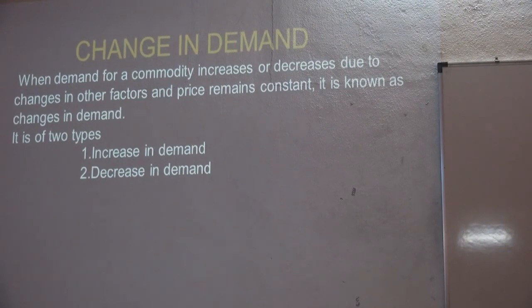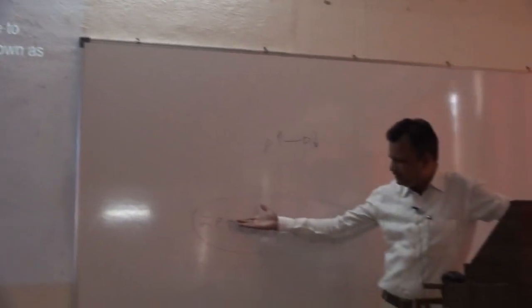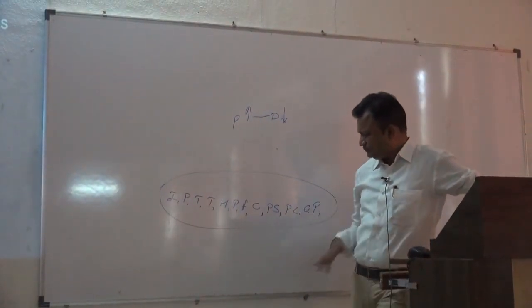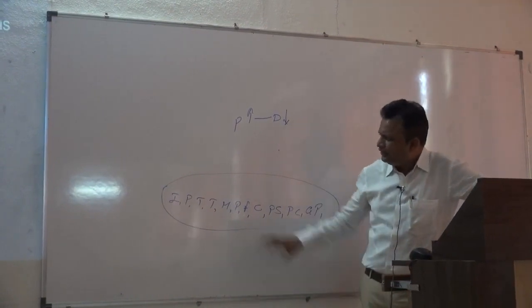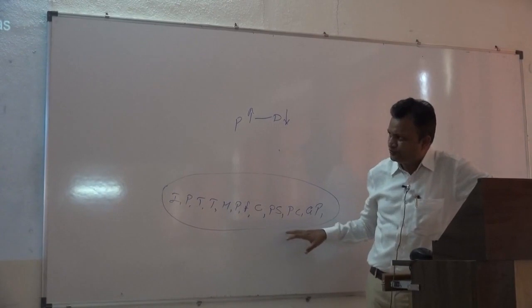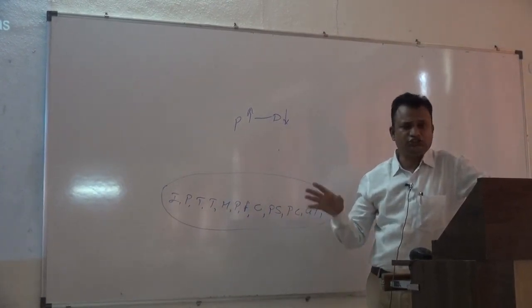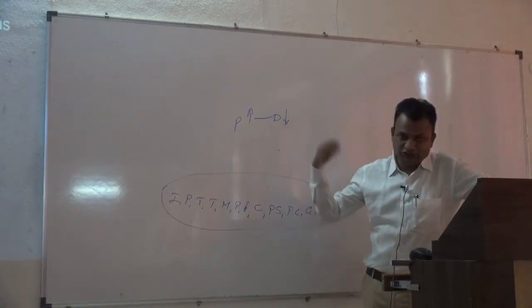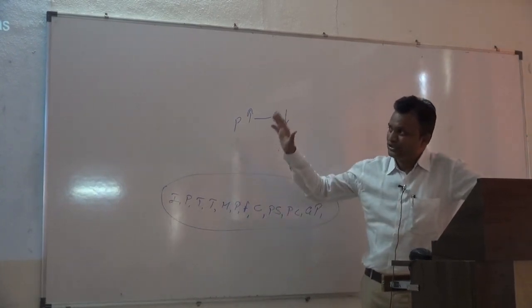Keeping the price unchanged, if the rest of the factors which determine the demand change, like income, population, taste, habit, preference, fashion, custom, prices of substitute goods, prices of complementary goods, government policy, and due to changes in all these factors demand changes, that is considered a change in demand. If demand increases or decreases, it is considered a change in demand.